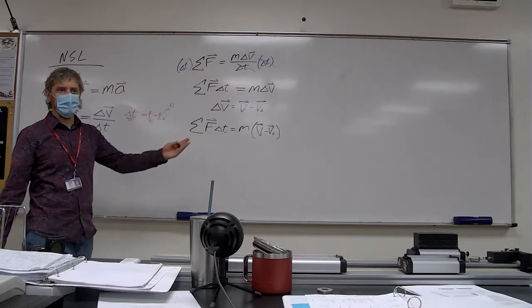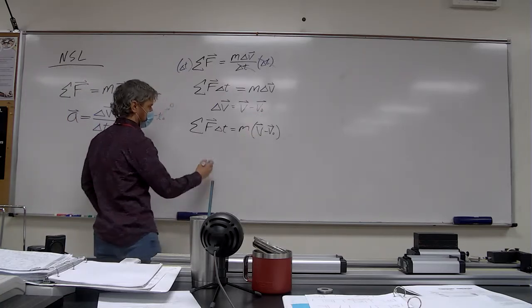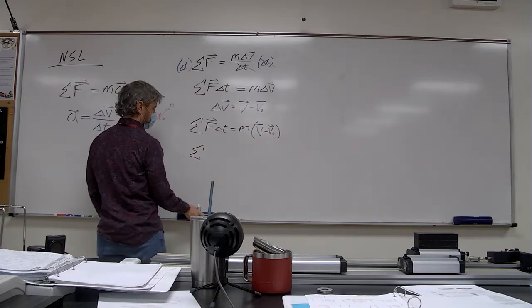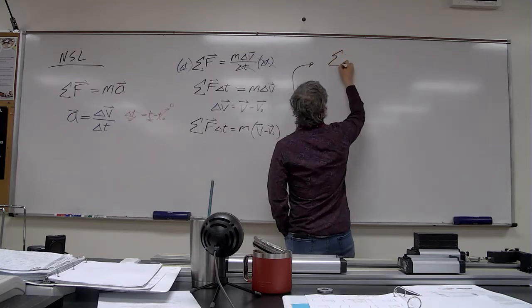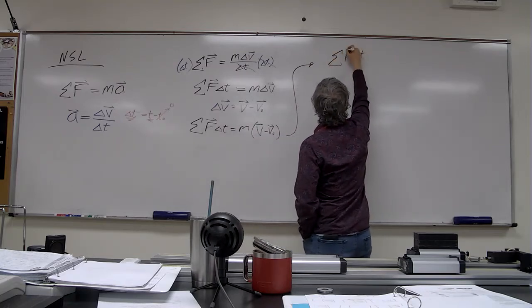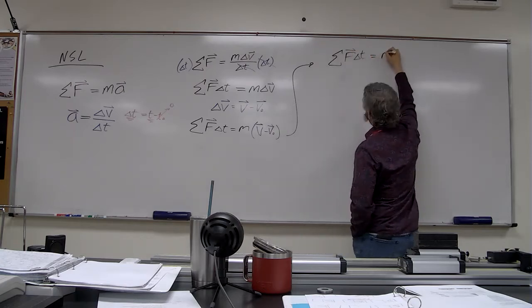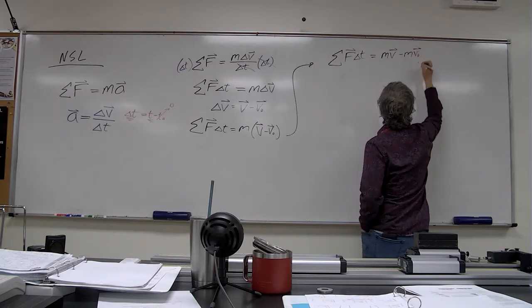And I could, if I so chose, distribute that m over both terms, and I get the net force. Let me actually write it up here. I get that the net force times the time interval equals mass times final velocity minus mass times initial velocity.